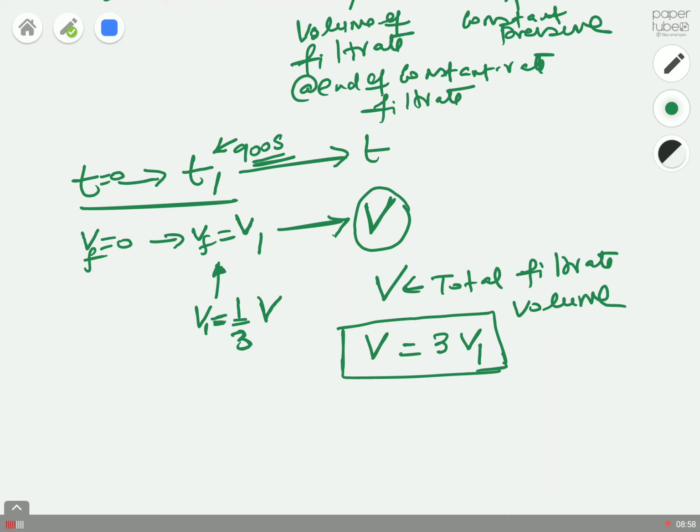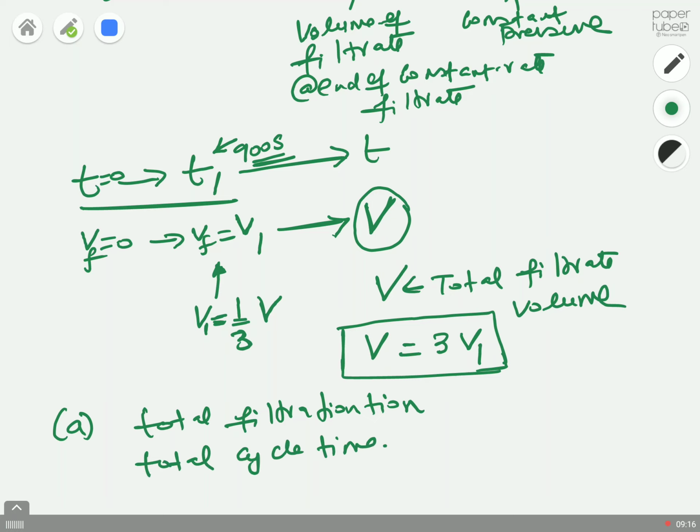So what we need to calculate now, in part A of the problem, is the total filtration time and total cycle time.